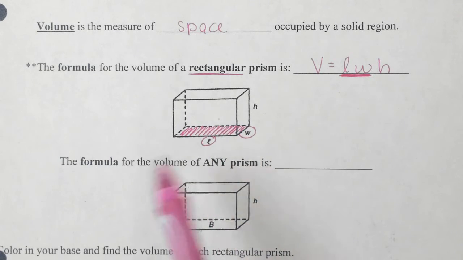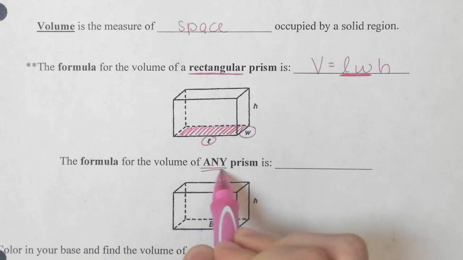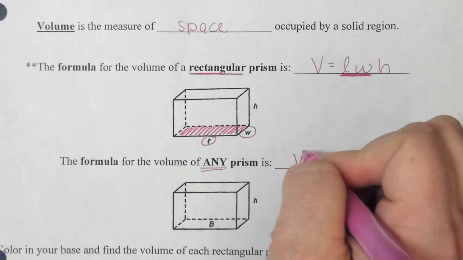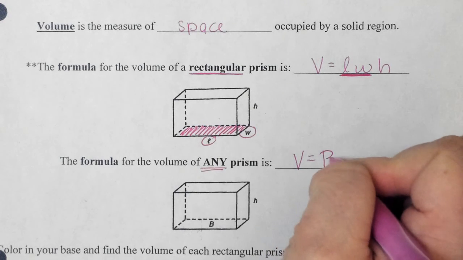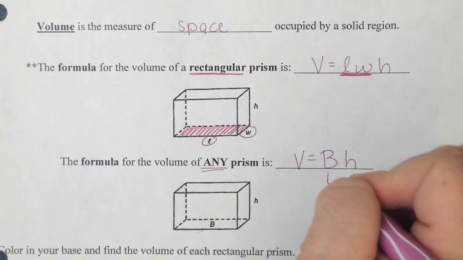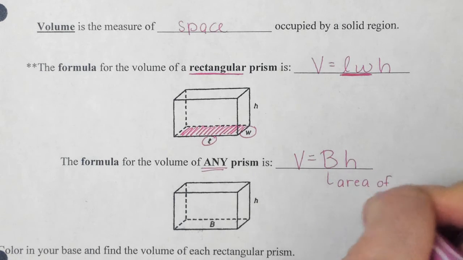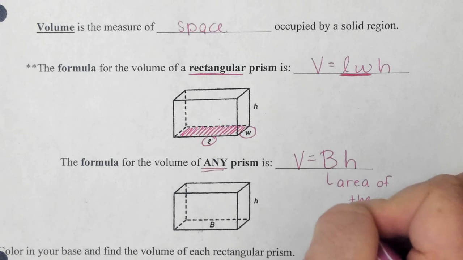And the reason that matters is because the formula for the volume of any prism looks like V equals a capital B and then H. So this looks different, and I told you previously that capital B's would be used for something else. Here it is. What the capital B stands for, guys, is the area of the base.